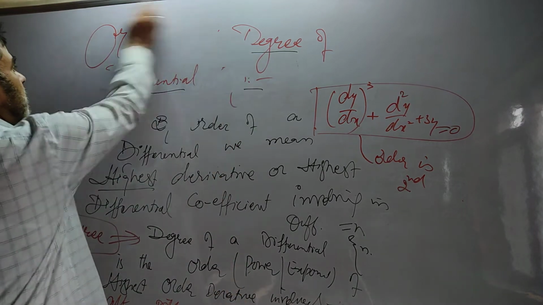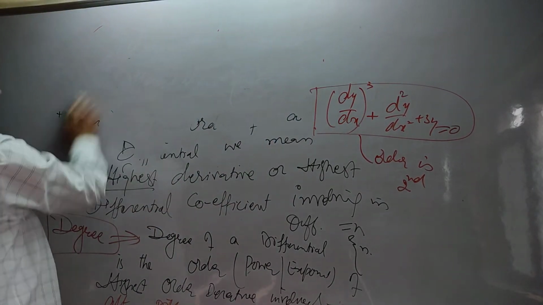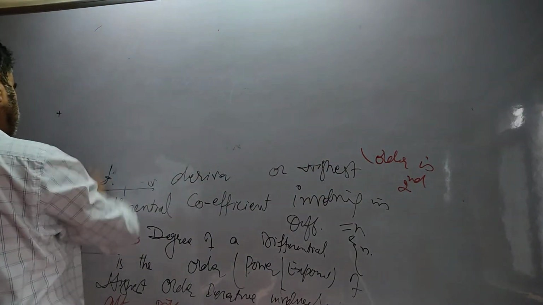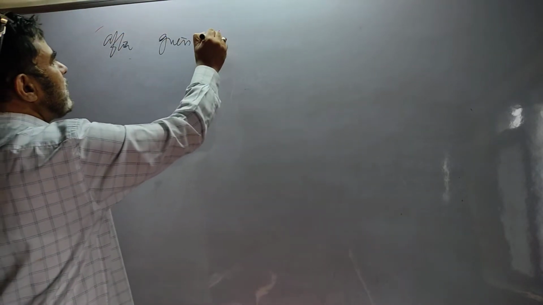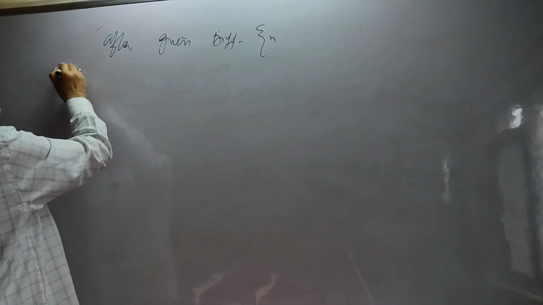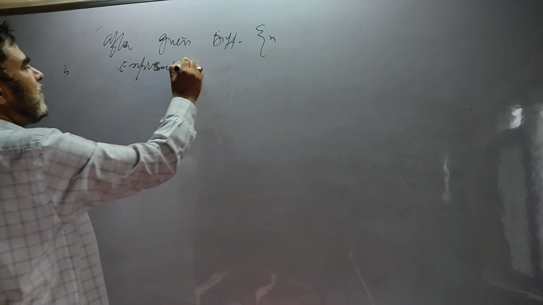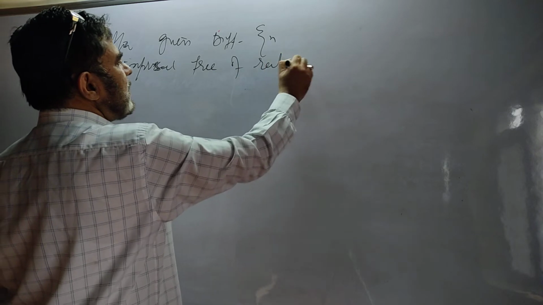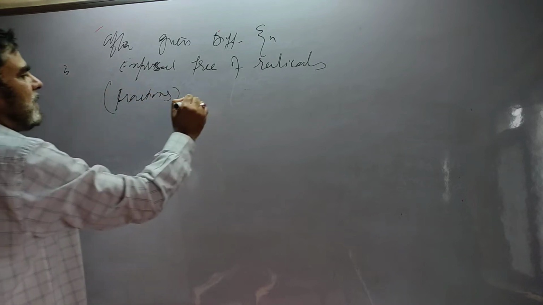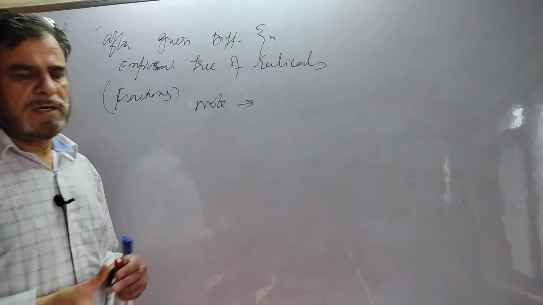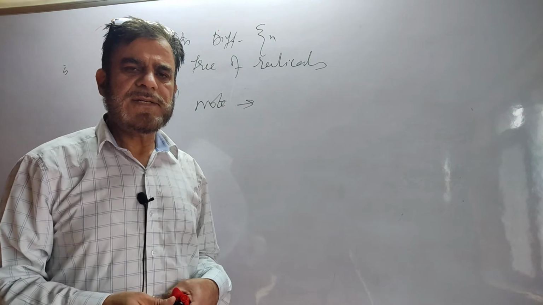After the given differential equation is expressed free of radicals or fractions, it is necessary that the order of a differential equation can never be a fraction, can never be a negative integer.